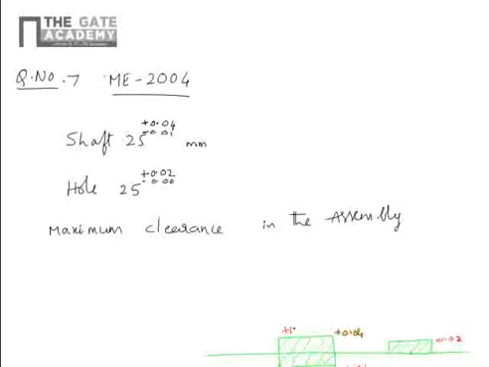This is hole, this is shaft. He is asking maximum clearance, which means a clearance fit has to be formed. What is the possible chance here? For a clearance fit, the lower limit of the hole has to be greater than the upper limit of the shaft. Whenever the hole and shaft dimensions vary like that, it is called a clearance fit.